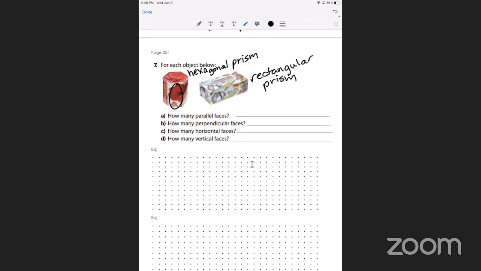So it depends which way you're flipping it. Let's just say 2. Let's say the top and bottom. And it depends on which way you've turned the box.